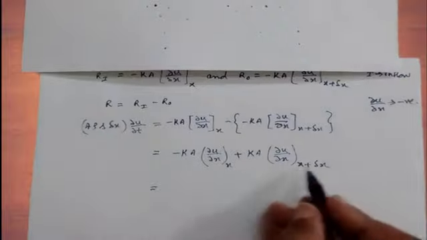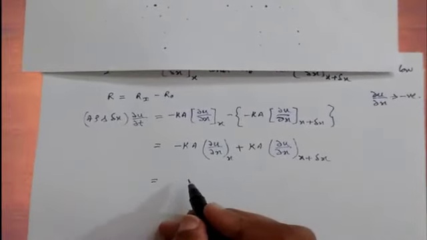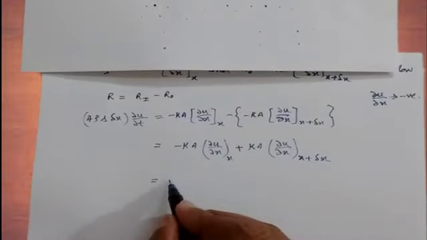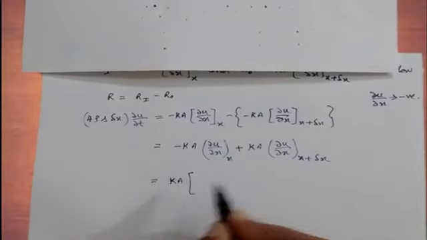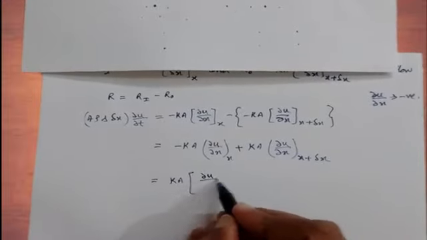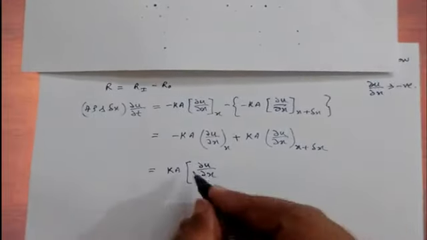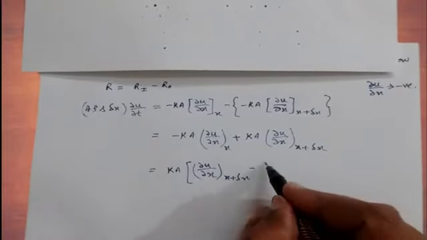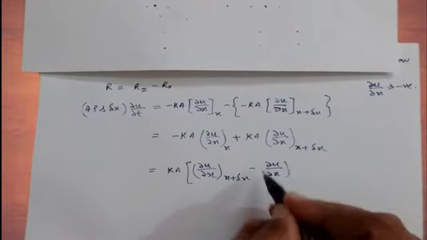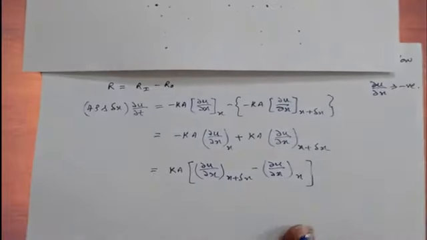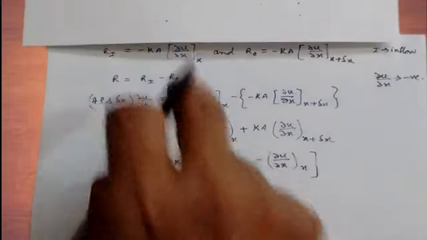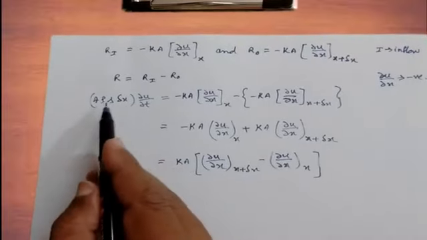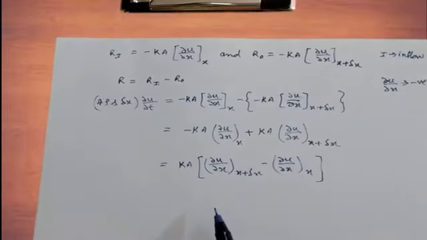Or if I write the positive value first and then the negative value, you can also take Ka common outside. So I am taking Ka common outside. First the positive value I will write, it is dou U by dou X at X plus delta X. Then here it is a negative sign, minus dou U by dou X at X. Because I need to find this value of dou U by dou T, let's take all these values that we have over here on the other side.